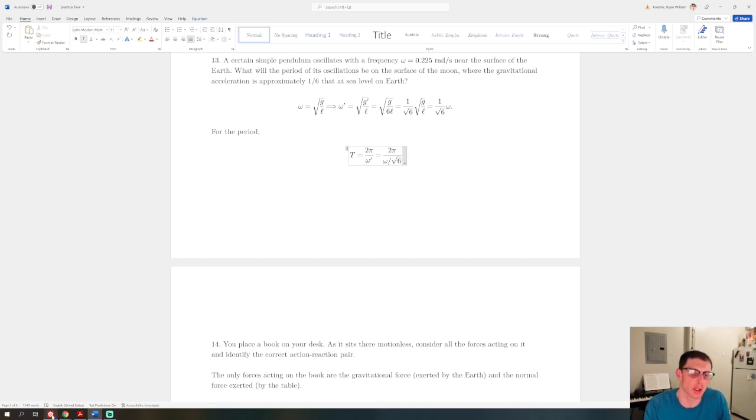So we can now calculate this: 2 pi over 0.225 times the square root of 6. And I'm getting that it's about 11.4 seconds.